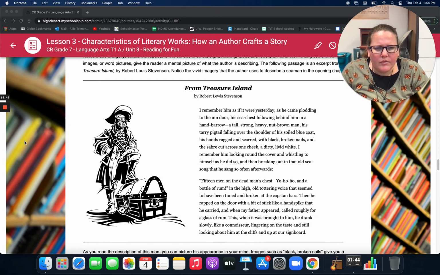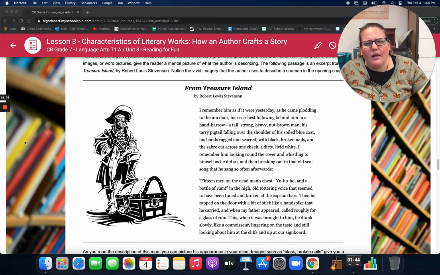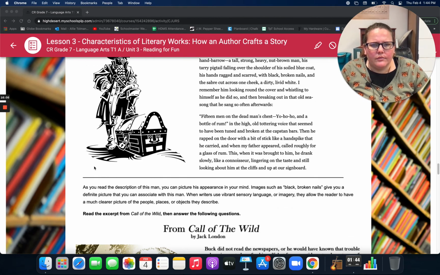Then he rapped the door with a bit of stick like a handspike that he carried, and when my father appeared, he called roughly for a glass of rum. This, when it was brought to him, he drank slowly, like a connoisseur, lingering on the taste and still looking about him at the cliffs and up at our signboard.